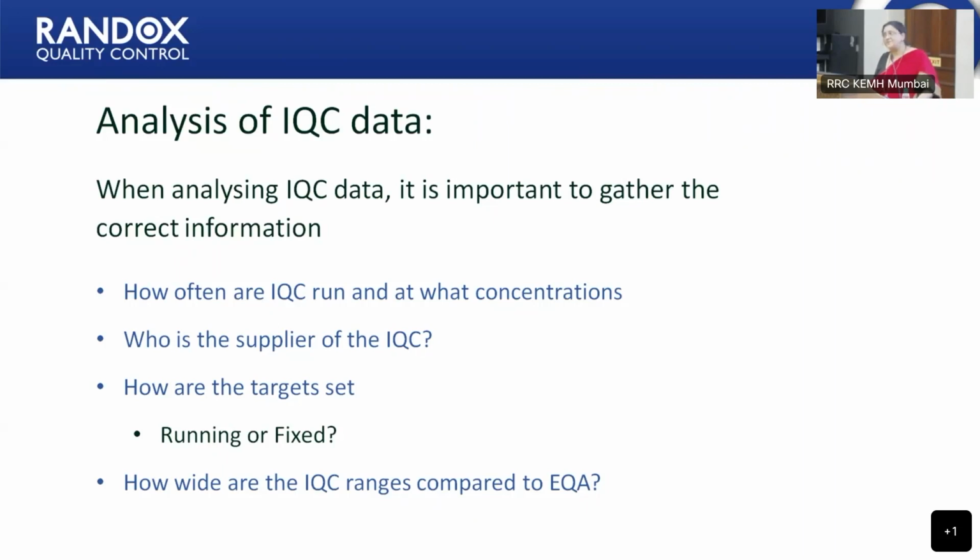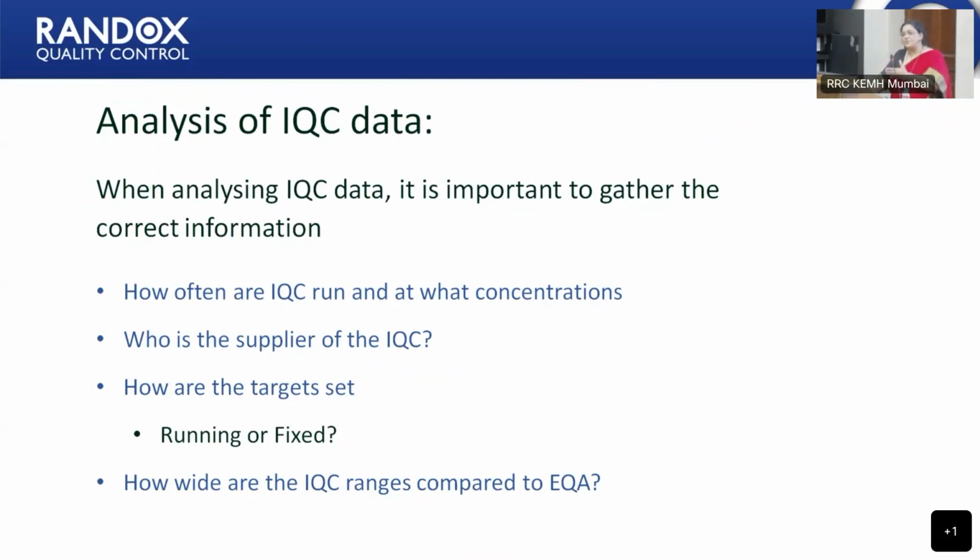It's quite possible that when you assign the labeling, it masks the possible bias that could be indicated. Ultimately, IQC and EQA are both indicators used to identify if there is any bias or inaccuracy in your results.